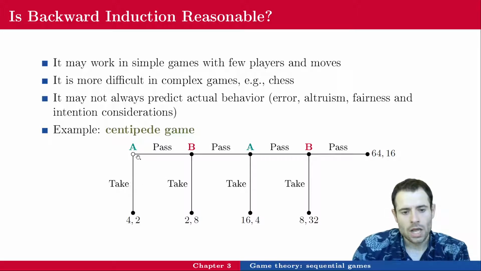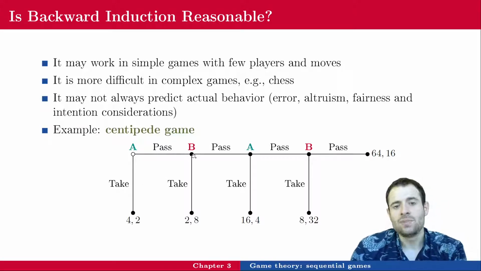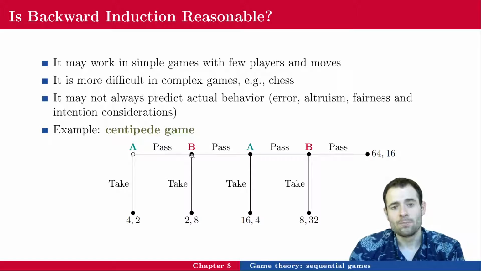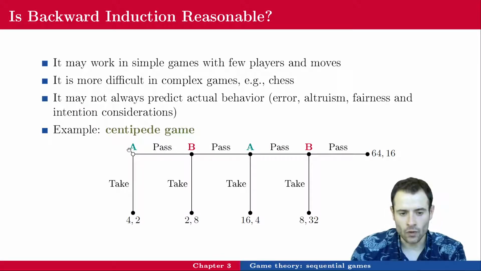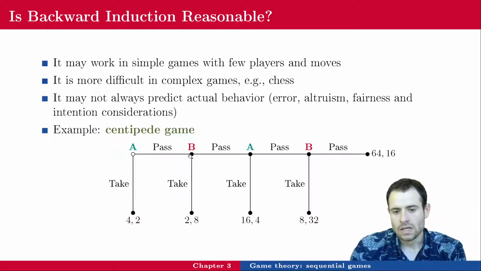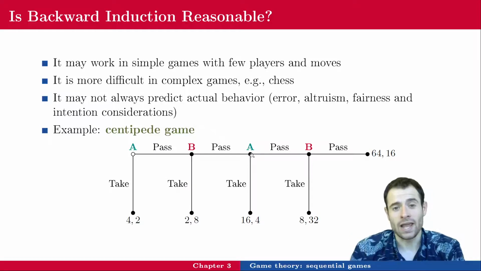If A passes, then it's B's turn to make a decision. B can either pass or take. So if he takes, now the payoffs are going to be 2 for A and 8 for B. If he passes, it's back to A.